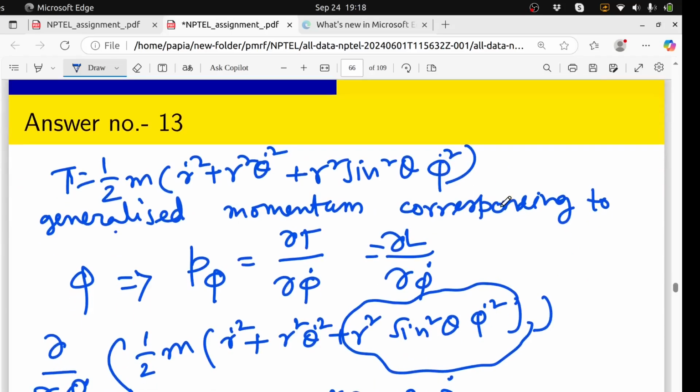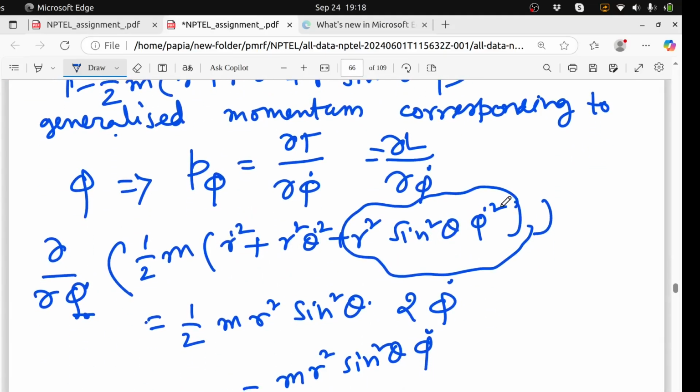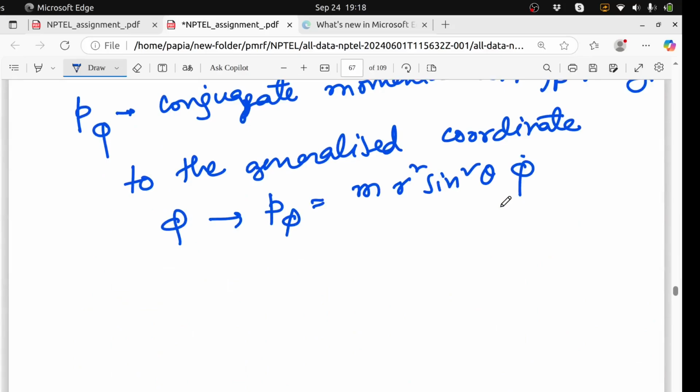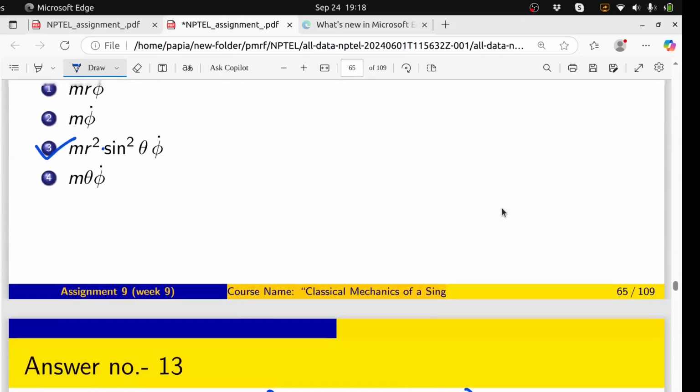There is no V here for this case, so L will be exactly the same as T. So p phi is del L del phi dot, del del phi dot of half m (r dot square plus r square theta dot square plus r square sin square theta phi dot square). So the answer will be m r square sin square theta phi dot, which is option number 3.